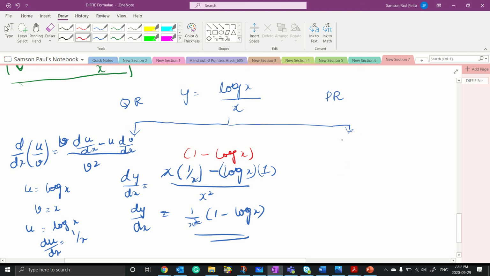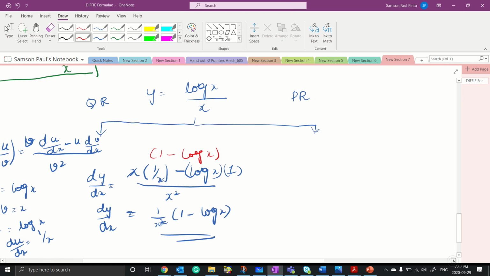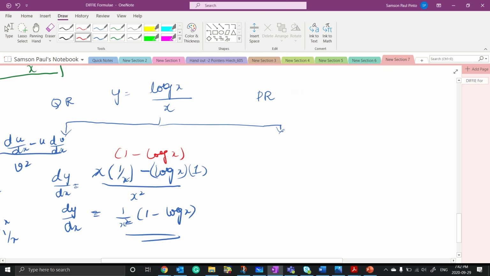Now we are going to use the same formula here as product rule. Let me show you how interesting it is to use it in terms of product rule. Okay, let me extend this arm a little bit this side if possible. Yeah, I can extend this arm here, and I'm going to show you how to do that.